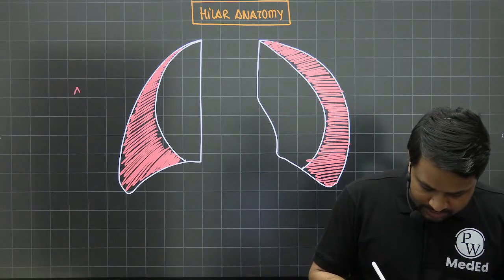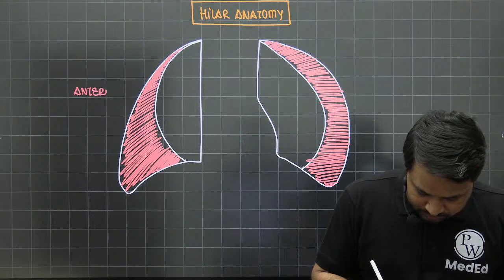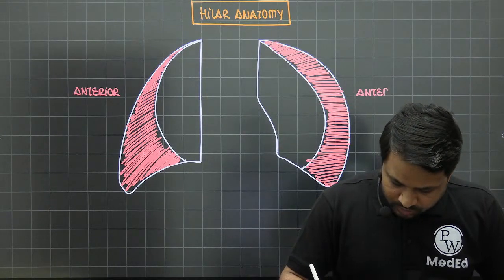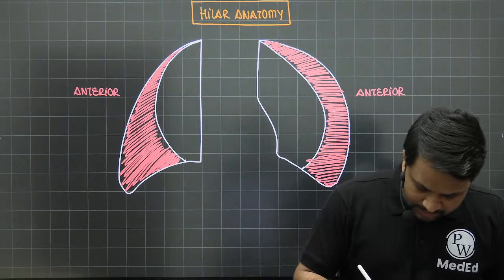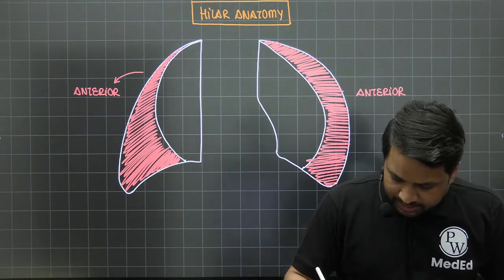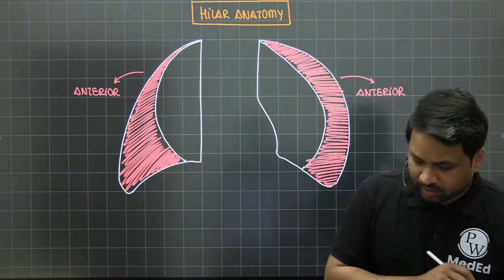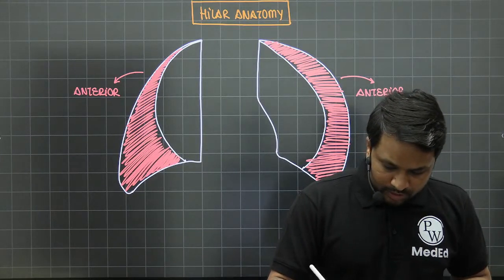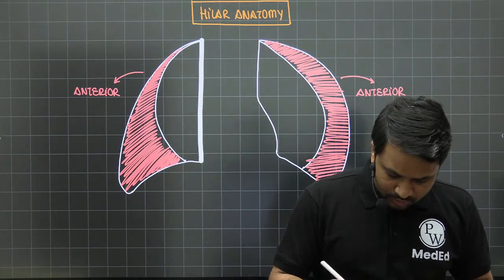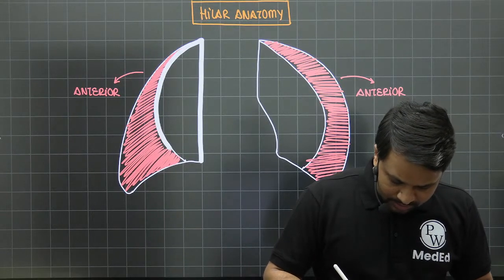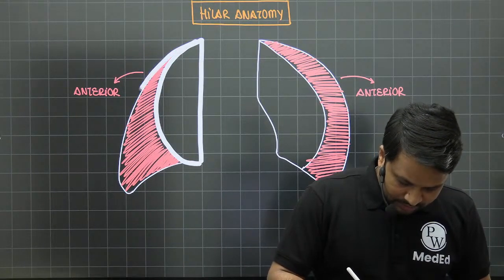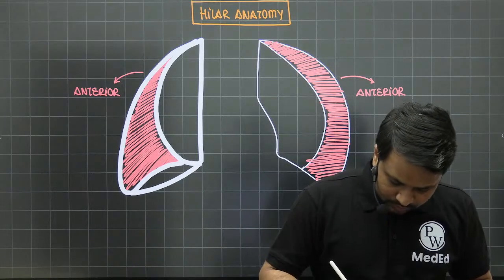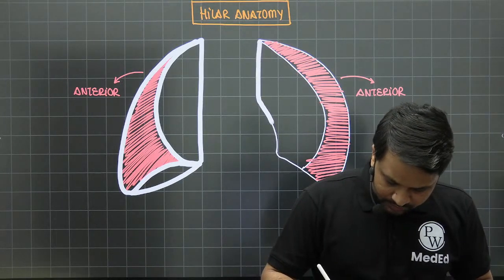This is the anterior surface of the lung, which we can see, on either side. Now, the posterior surface is what we are more interested in. This is your hilar surface, and this is the anterior surface.